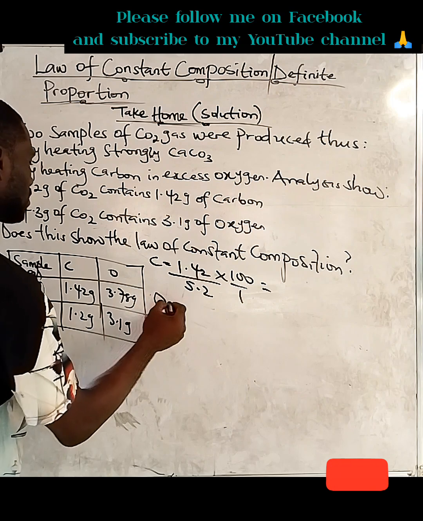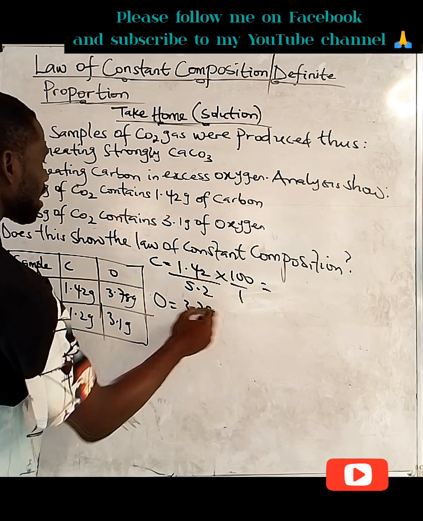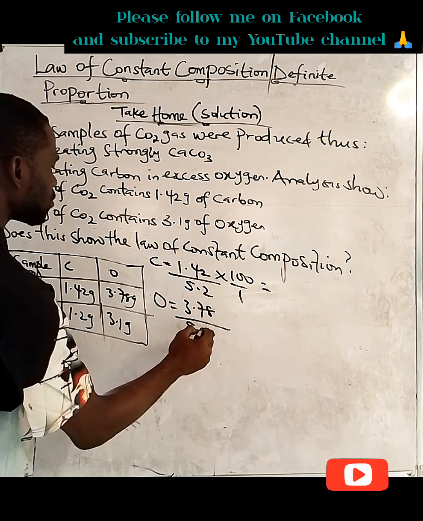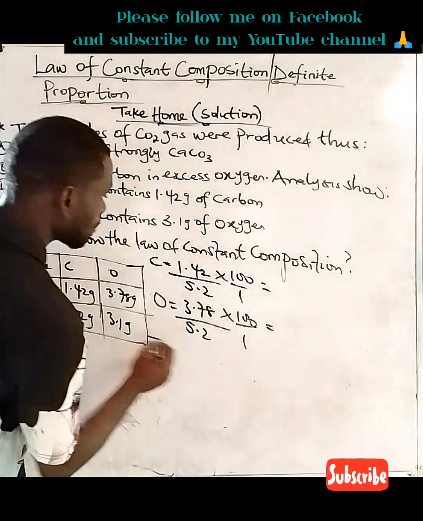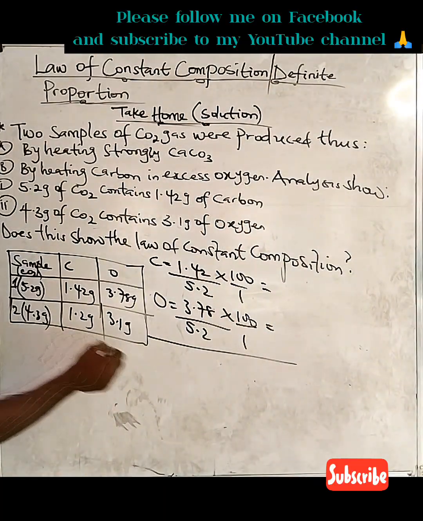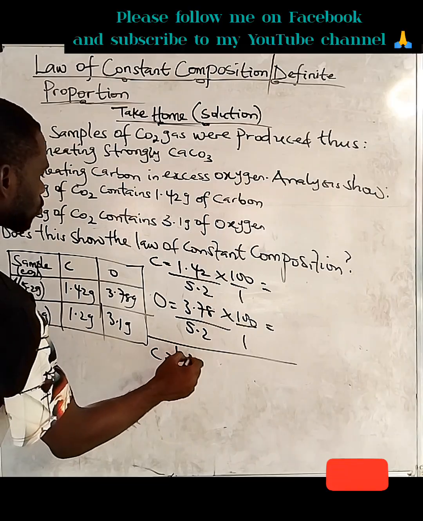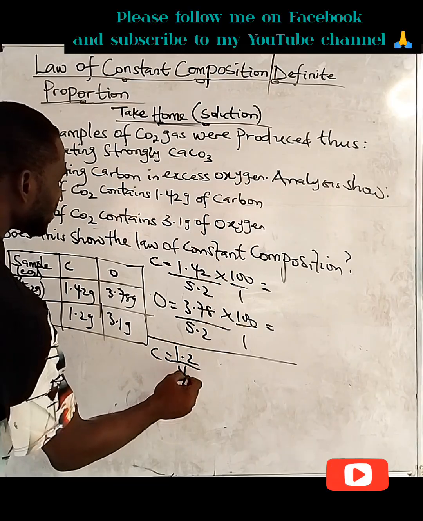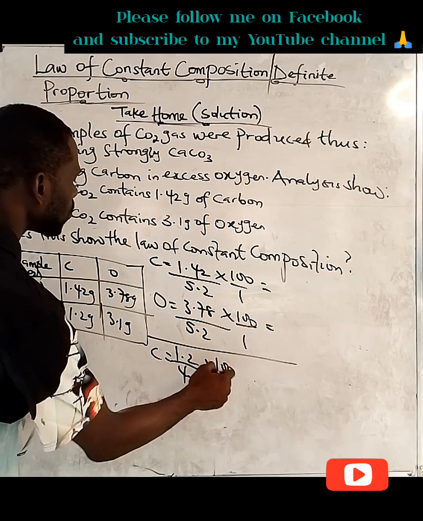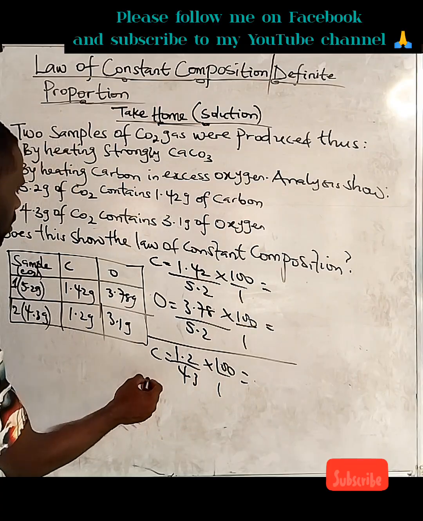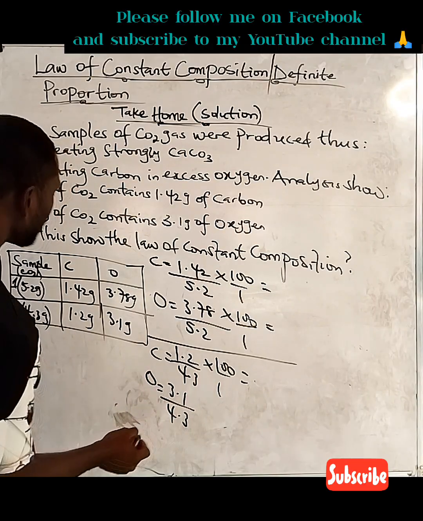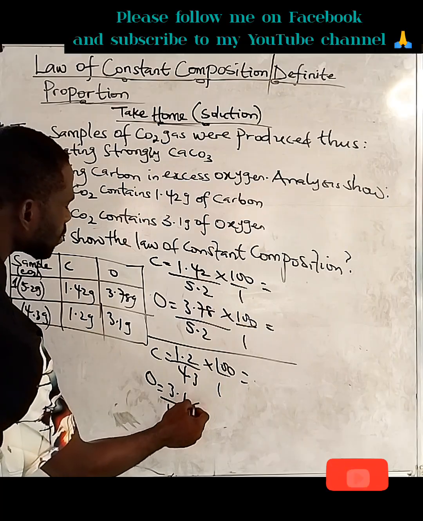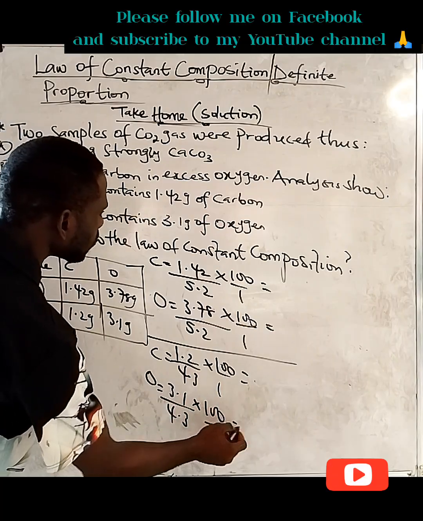Then oxygen: 3.78 gram of oxygen over 5.2 gram of CO2 times 100 over 1. Then for the next sample, we have carbon, 1.2 gram over 4.3 gram of CO2 times 100 over 1. And then oxygen, 3.1 gram over 4.3 gram of CO2 times 100 over 1.